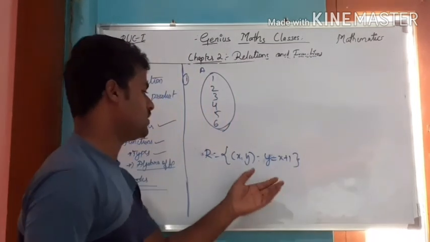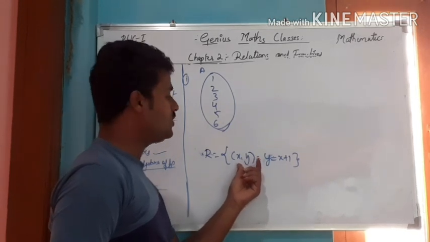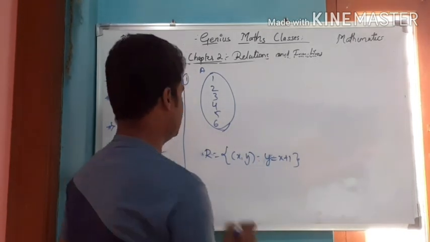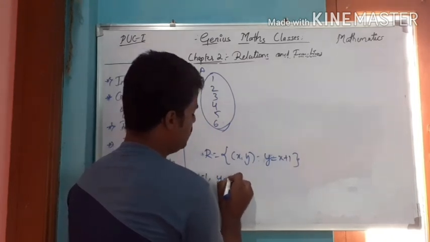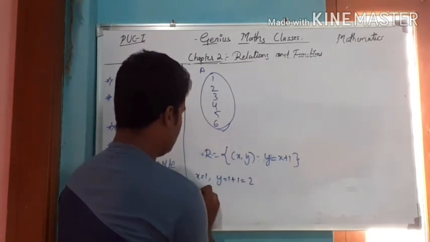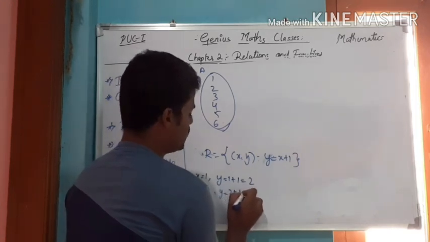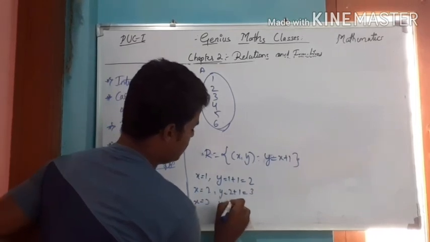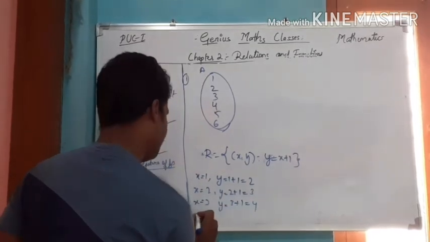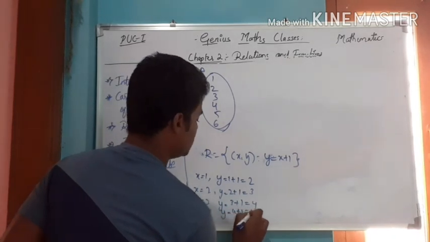If we consider x equal to 1, then y equals 1 plus 1, which is equal to 2. x equal to 2, y equals 2 plus 1, that is 3. x equal to 3, y equals 3 plus 1, that is 4. x equal to 4, y equals 4 plus 1, that is 5.